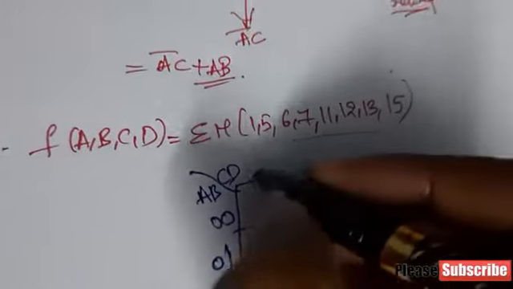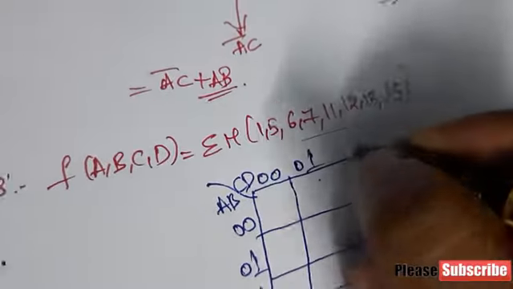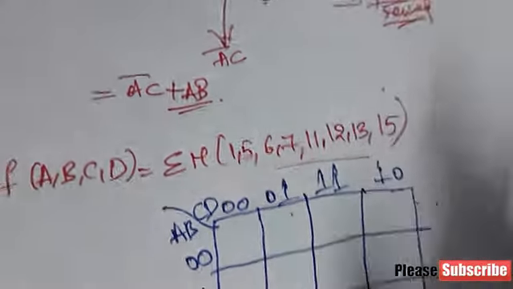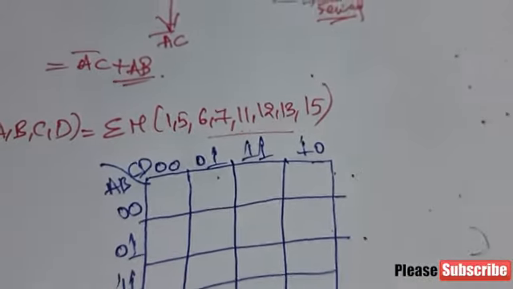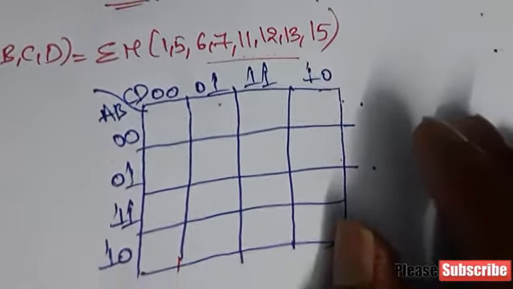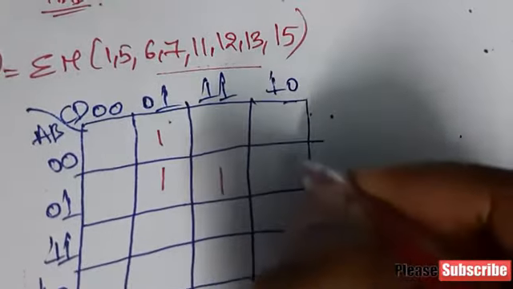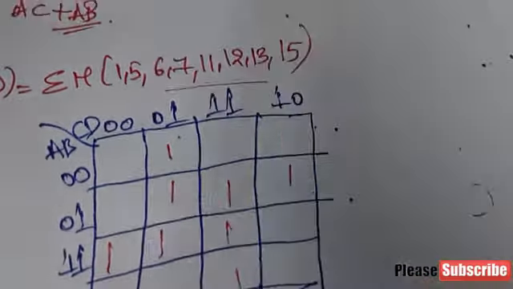And here this will also be 00, 01, 11, 10. The ones will be like this. SOP form terms will be like this.